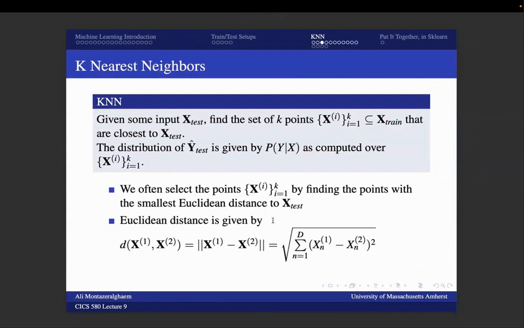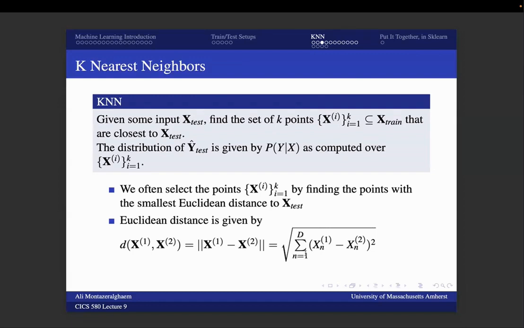So we can use Euclidean distance to find the distance between two data points. The formula of this approach is like this. Each data point is a d-dimensional array. In each dimension, we have a feature, right? For example, for each data point, we have 10 features.